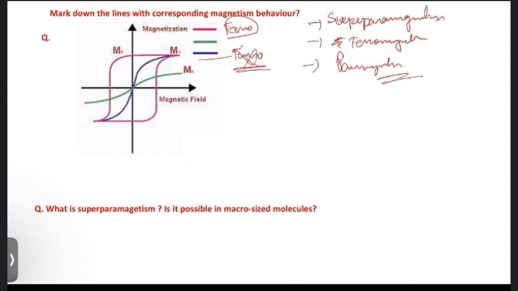Green belongs to dia. Green, dia, right. No, dia is not in the options. Sorry, we have 4 options: red, super, ferro, and para. Para. And blue. Blue is supermagnet. Super. So yes.